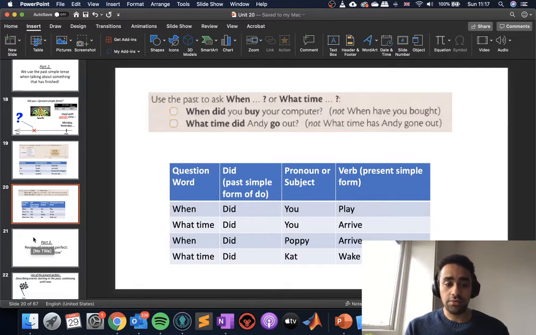Now that we have a quick overview of past simple, we're going to look at present perfect. We said that past simple is about something that happened in the past and was done. What about something that wasn't done or something that has an effect right now? Then we use the present perfect.